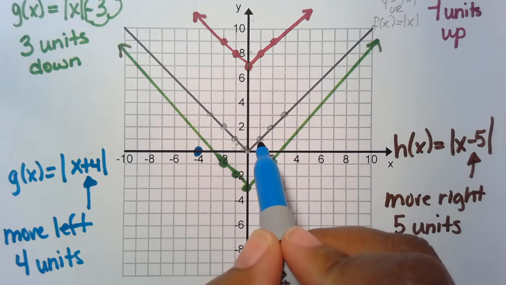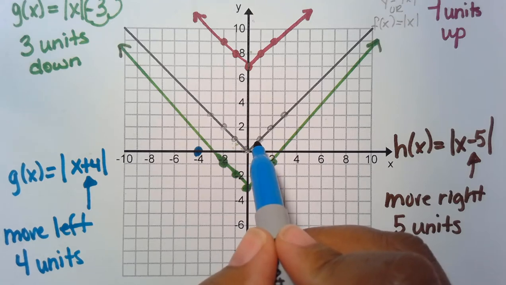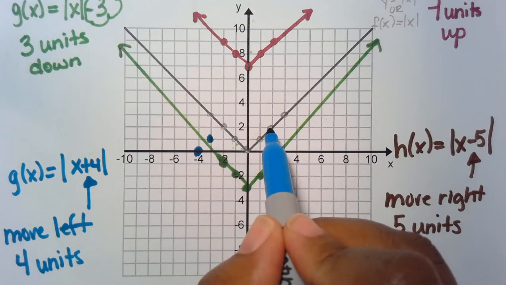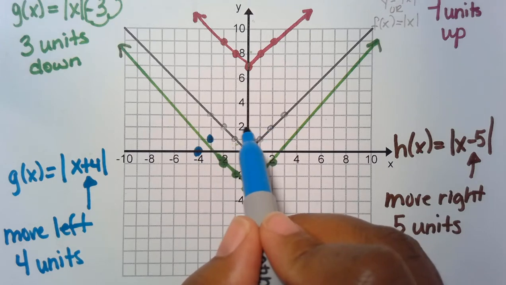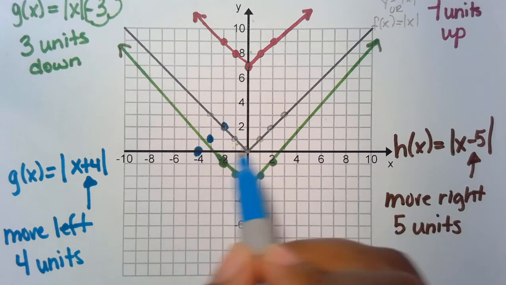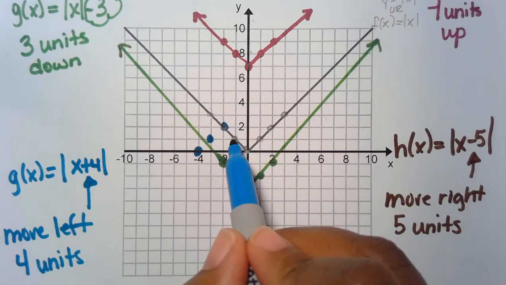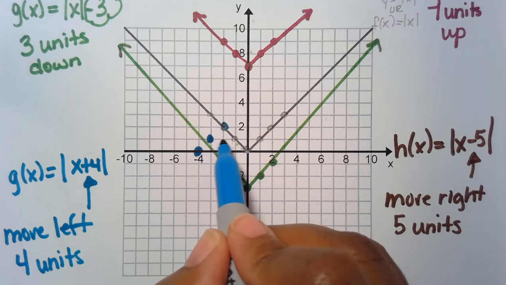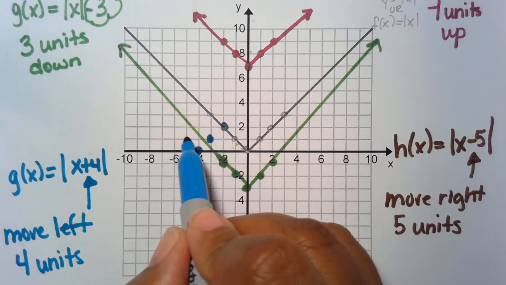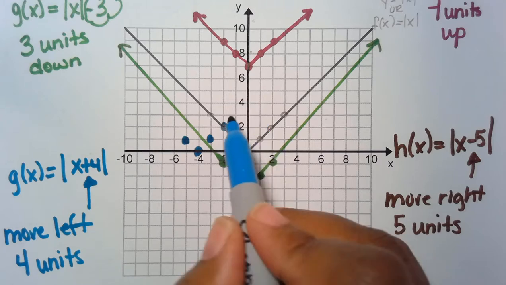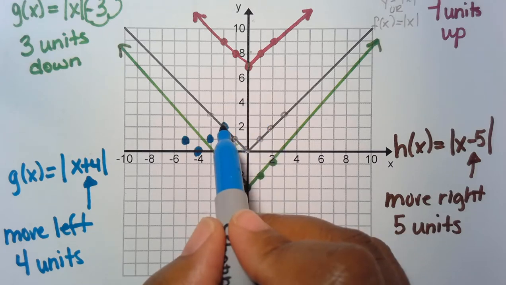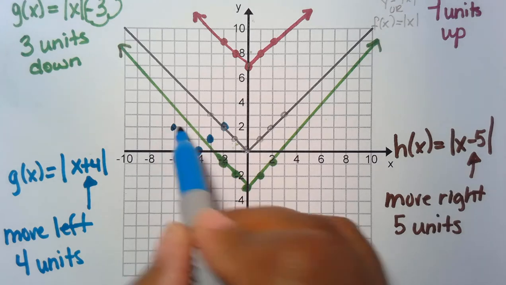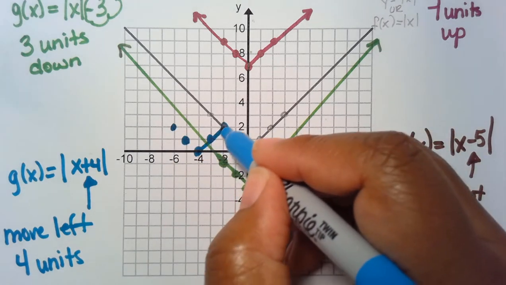Here at 1, 1, move over 4 spaces to the left: 1, 2, 3, 4. 2, 2, we move over 1, 2, 3, 4. Negative 1, 1, count over 4 units: 1, 2, 3, 4. Then negative 2, 2, count over 4 units to the left: 1, 2, 3, 4. So here's our graph.